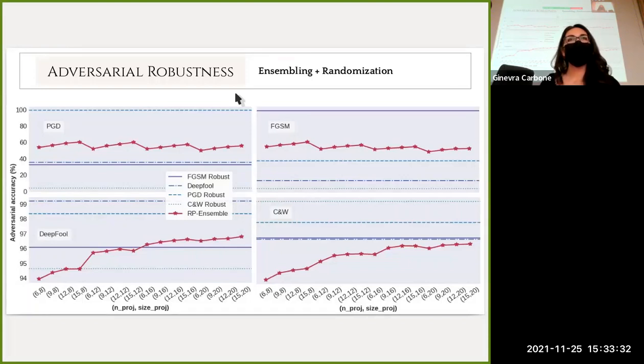Okay. If I may say something, there was a paper that proposed to replace the activations of neurons with layer-wise top-K activated neurons, setting all the others to zero, but it still required adversarial training.